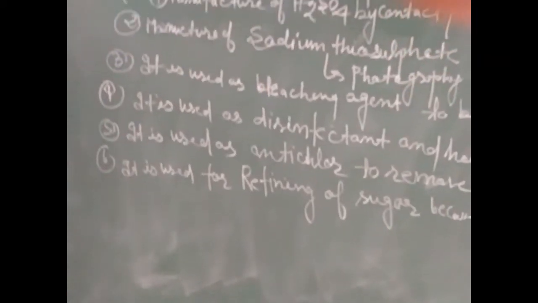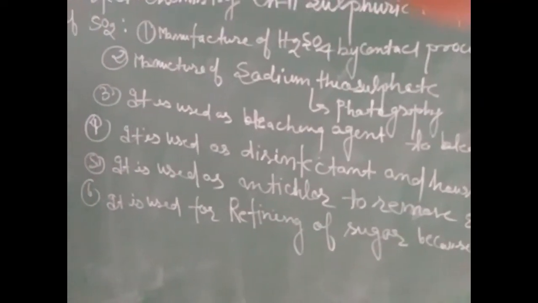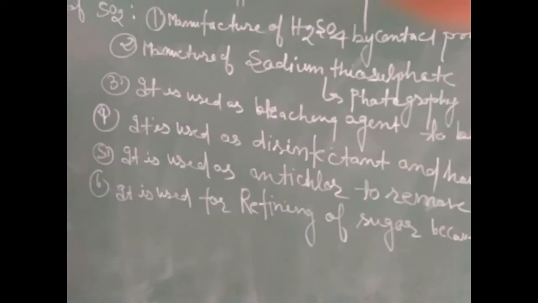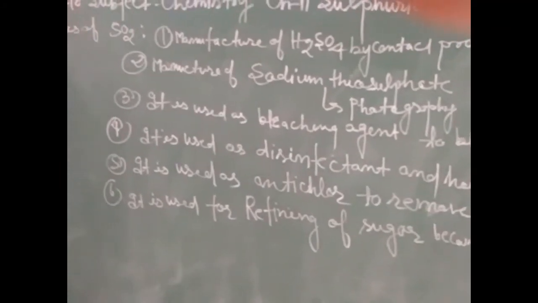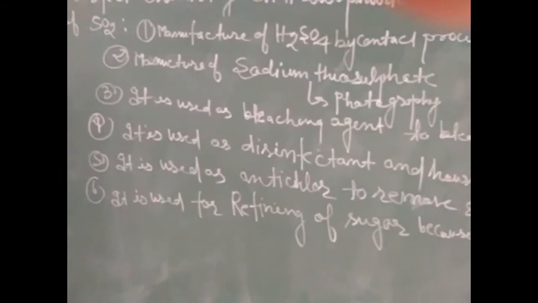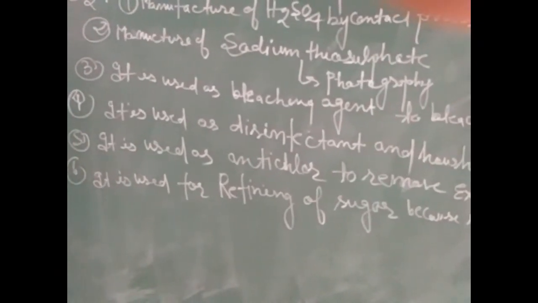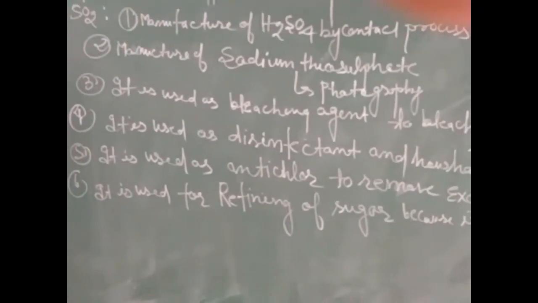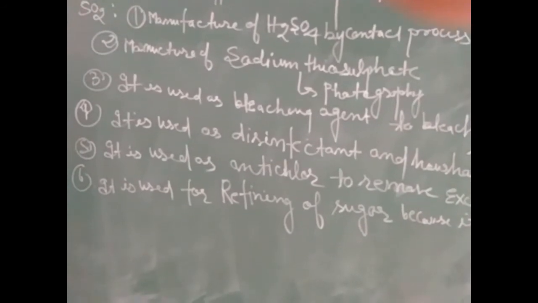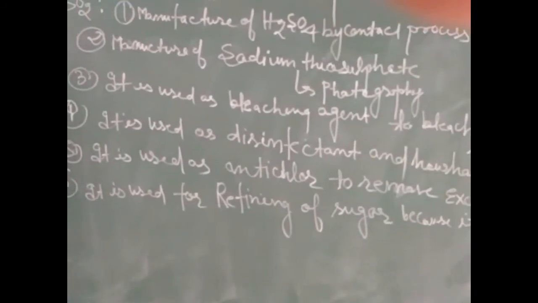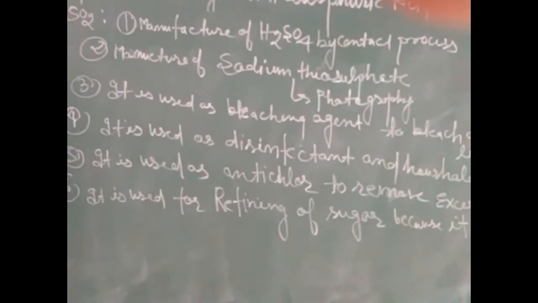It is also used in refining of kerosene oil. It is used as a refrigerant. As we know, liquid sulfur dioxide is used as a refrigerant, a cooling agent. Now dear students, we will discuss the tests of sulfur dioxide.